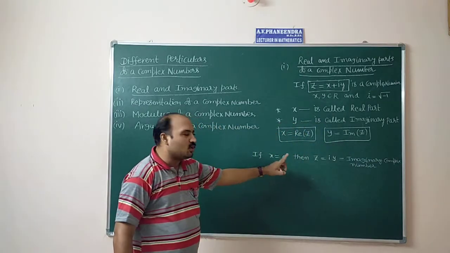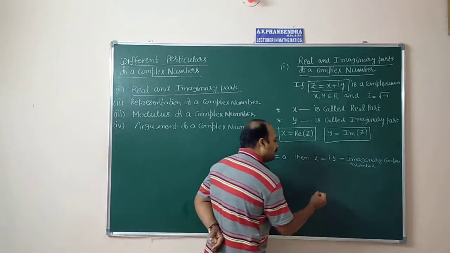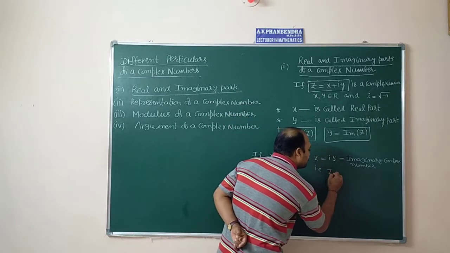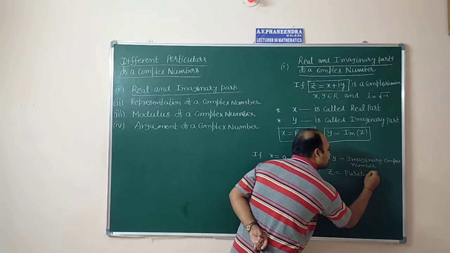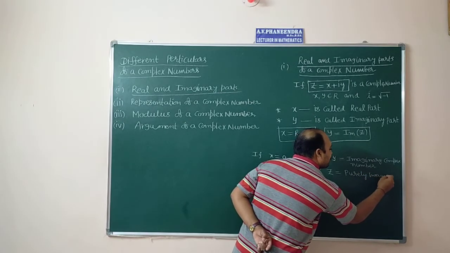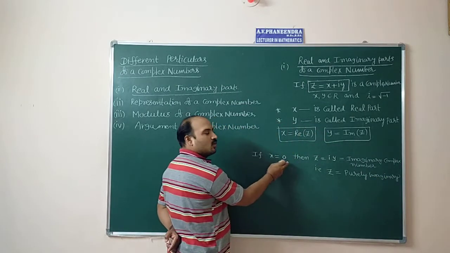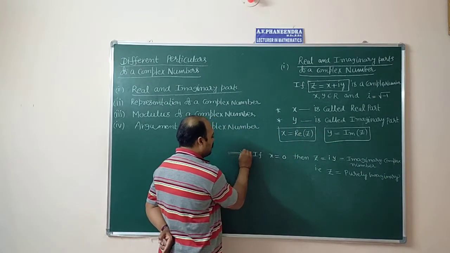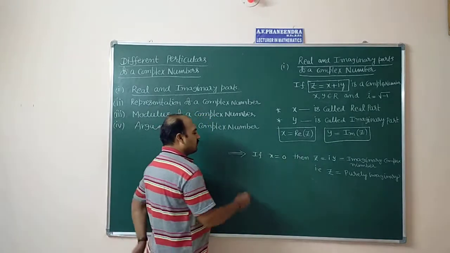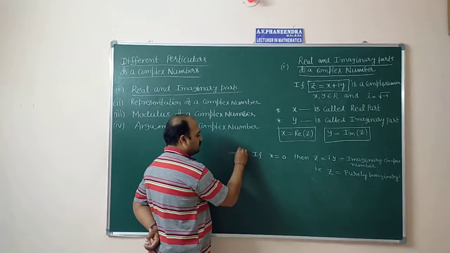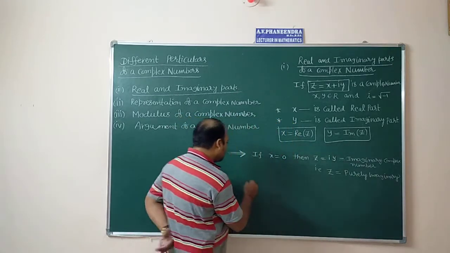Whenever x is equal to 0, z will become purely imaginary. First bullet point: if x is equal to 0, then z will become purely imaginary.